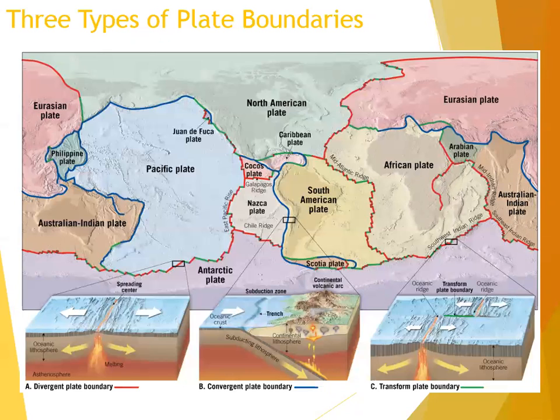Does it make sense that Colorado and New York would always be the same distance from each other because they're on the same plate? But the UK and New York could be at times different distances from each other because they're on different plates. There is a difference then. Things that are on the same plate are going to stay together. Things that are on different plates are going to rotate away from each other or move away from each other over time. If you look at this right now, you see blue, red, and green lines between the plates, don't you?